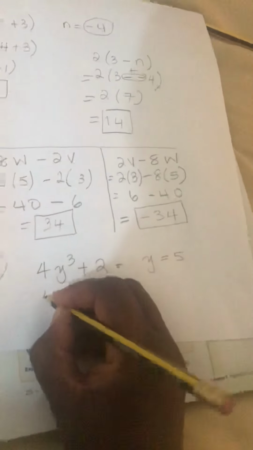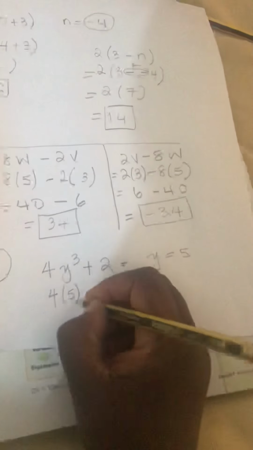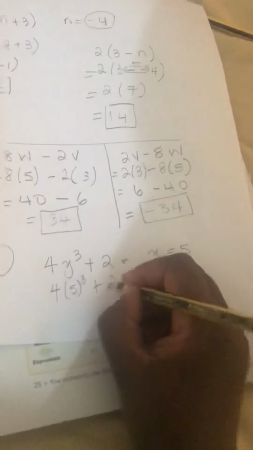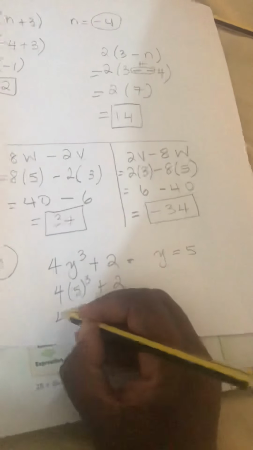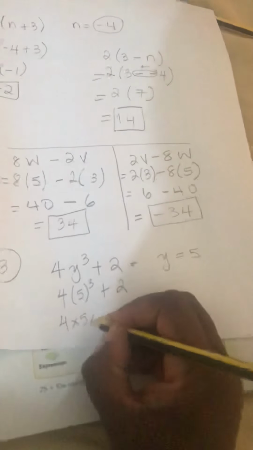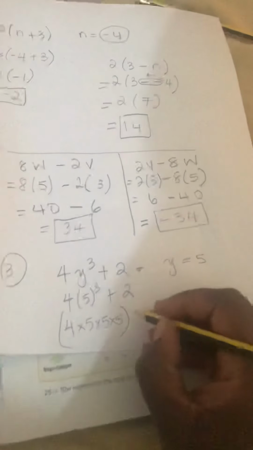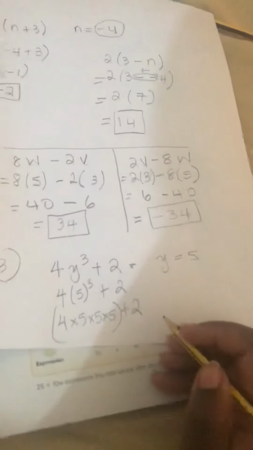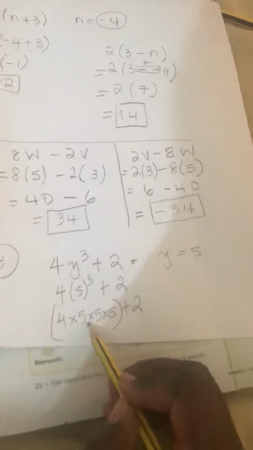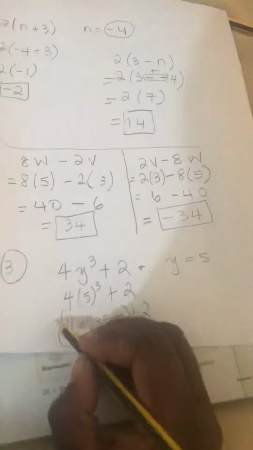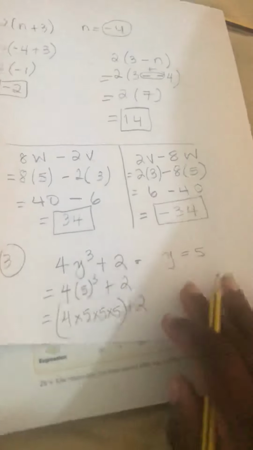I don't like that they used 3 over here. So 4 times 5 to the third power plus 2. So this is 4 multiply 5 multiply 5 multiply 5 plus 2. You have to write it this way. Expand before you go to your next step, okay?